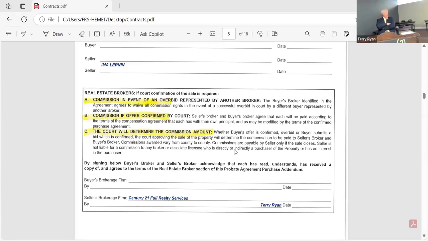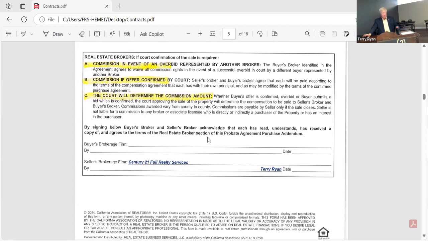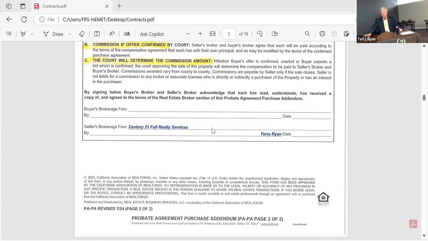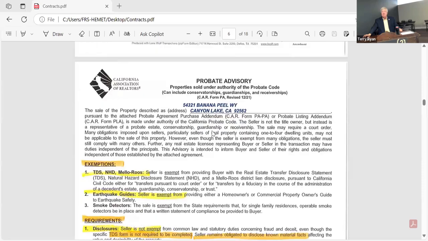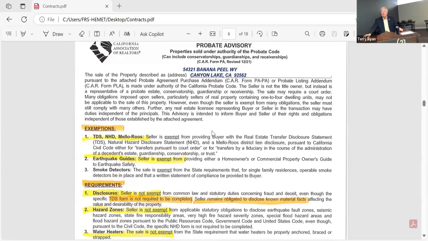So you may have written everything up that you're going to have a 6% this or a 5% that or an X.5% or whatever it was that you decided. You come up with that number and you go to court, then the court could change that commission amount. They could say, no, that's not happening. We're only going to do this, and you have to accept whatever it is they do. There are no really options for fighting.